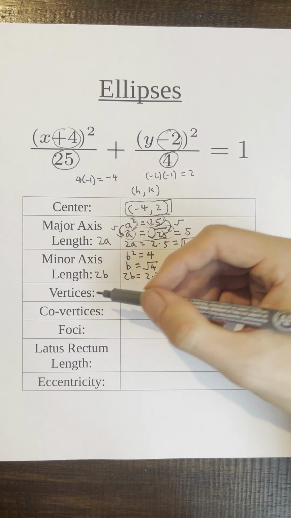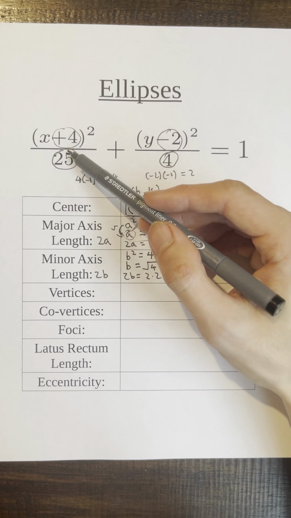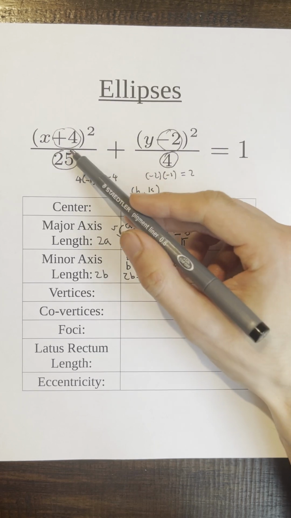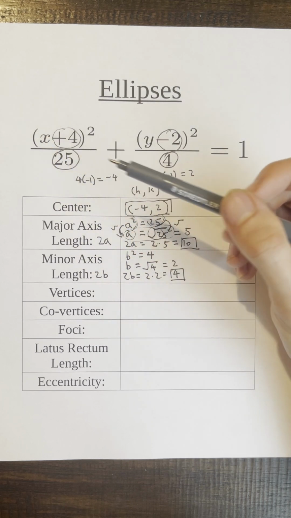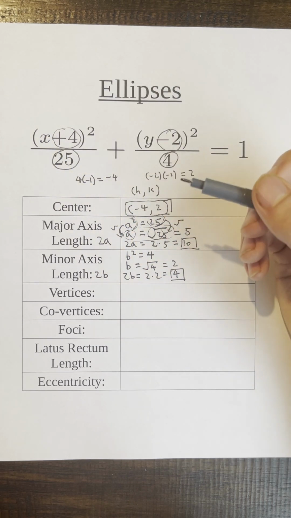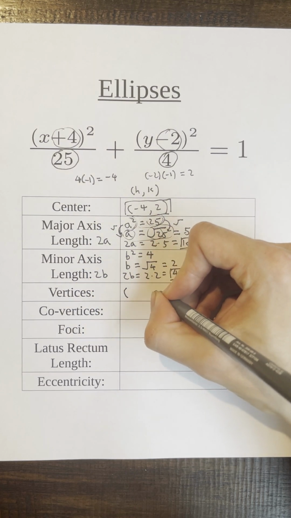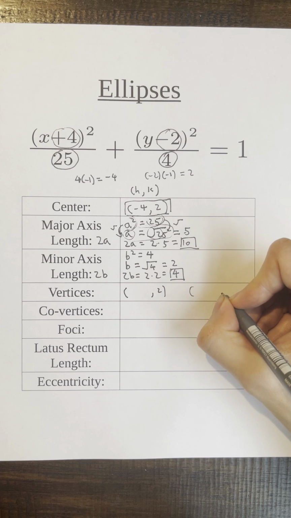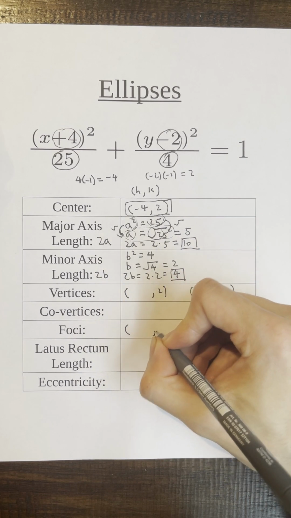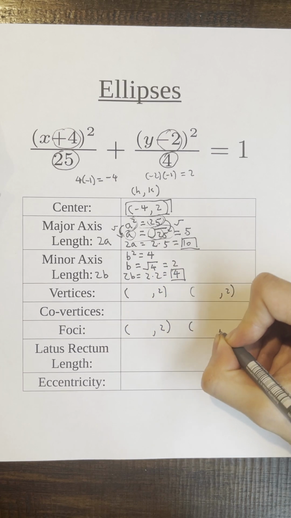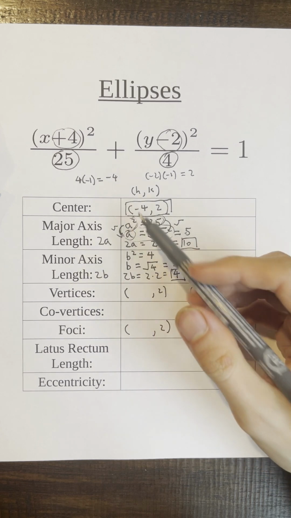How do we find the vertices? Well, since this is the larger of these two numbers, I'm only going to be changing the x-coordinate of the center to get the vertices. So the y-coordinate we keep the y-coordinate. And it's the same idea for the foci. With the co-vertices, it's the opposite.